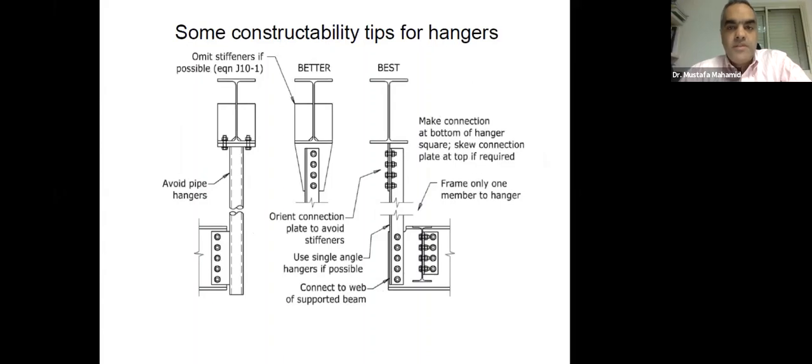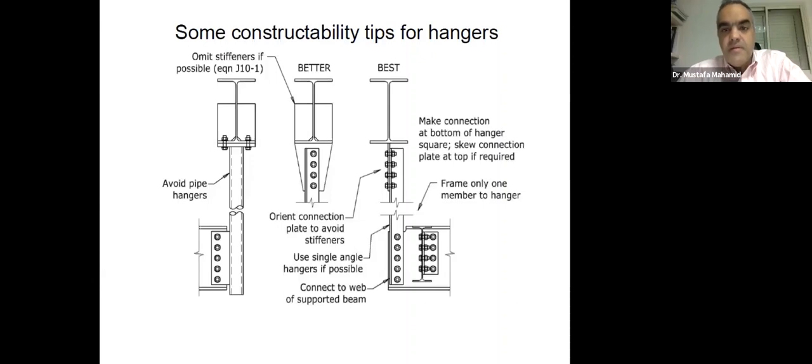Some constructability tips for hangers: avoid pipe hangers if you can, and omit stiffeners that extend into members.